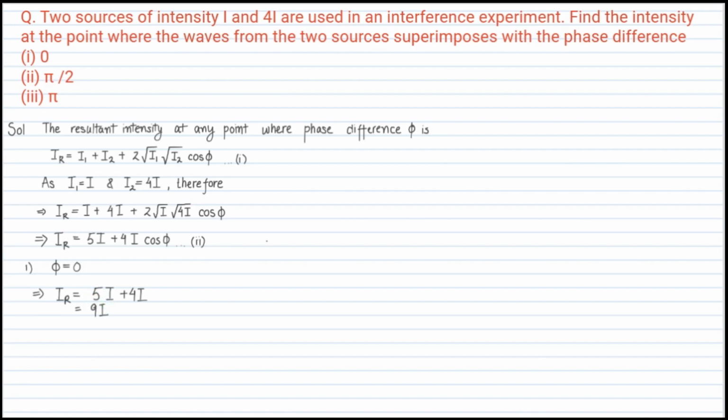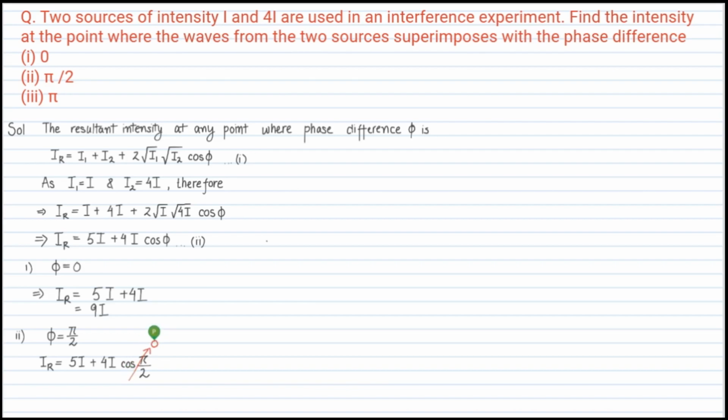9I. Fine. Now similarly, again let us substitute the phase difference pi by 2 here. If I substitute the phase difference pi by 2, then I can write this expression as 5I plus 4I cos of pi by 2. And you know how much is cos pi by 2? Cos of 90 is 0. Fine.